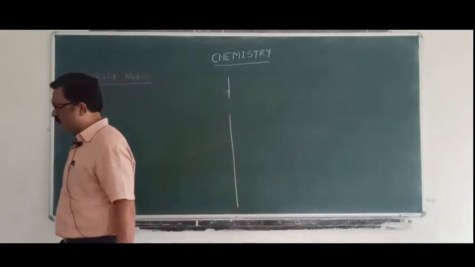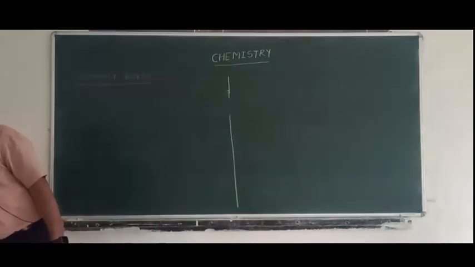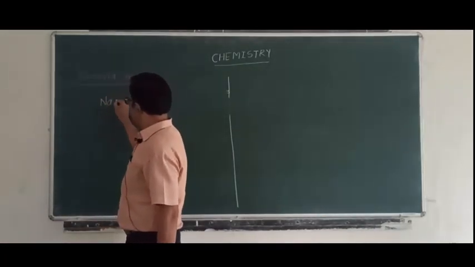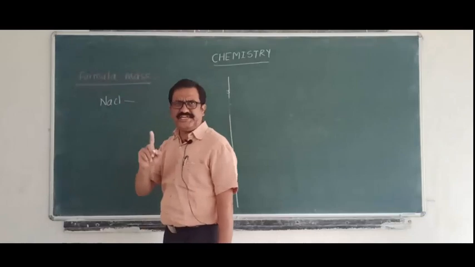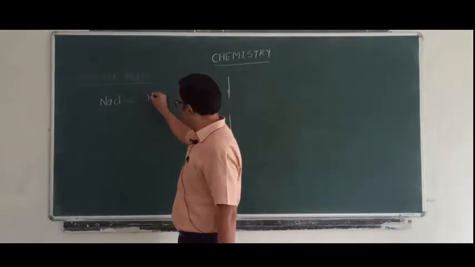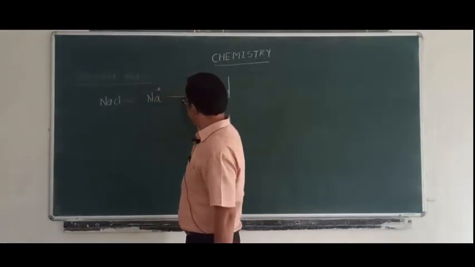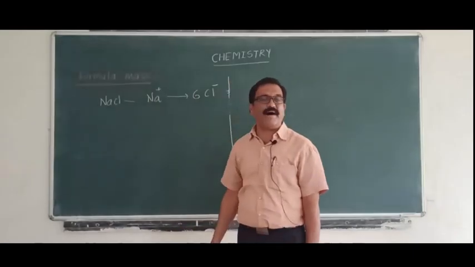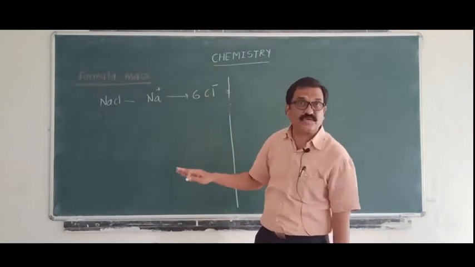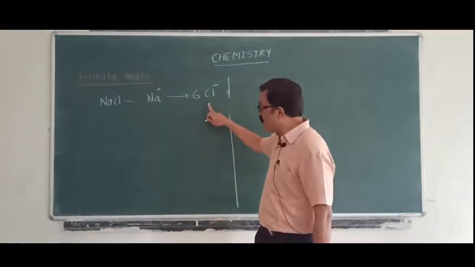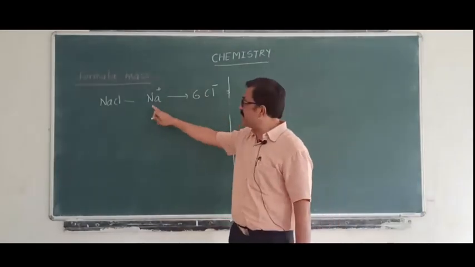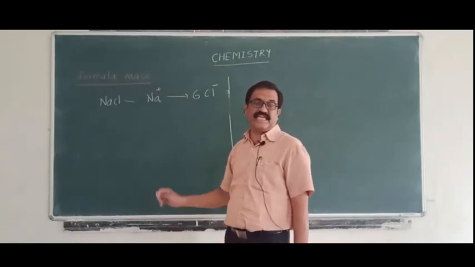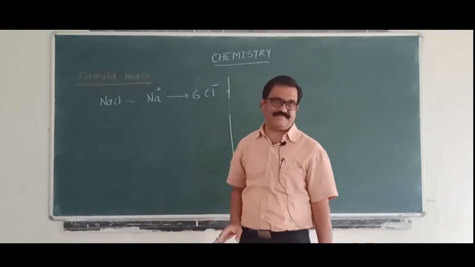That is, in sodium chloride, each single Na+ ion is surrounded by 6 Cl- ions and vice versa. A single chloride ion is again surrounded by 6 Na+ ions, and therefore it forms a crystal lattice.